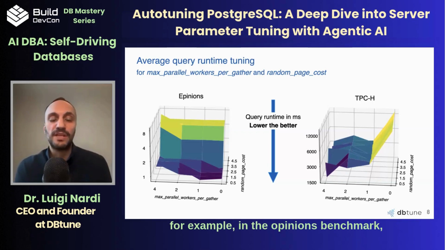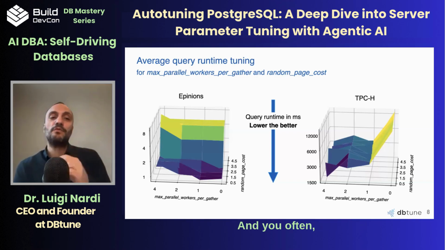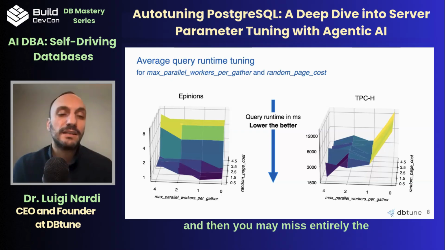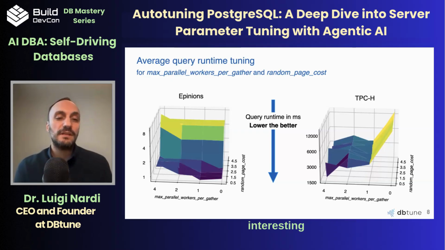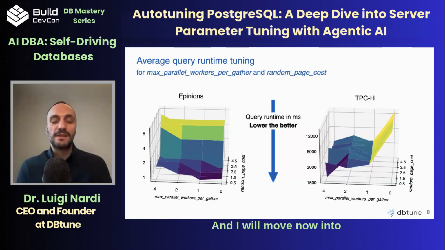That is, for example, on the opinions benchmark, on the bottom right, and you often, if you start from max parallel workers per gather equal 2 and you go up like this, you may miss entirely the interesting spot.